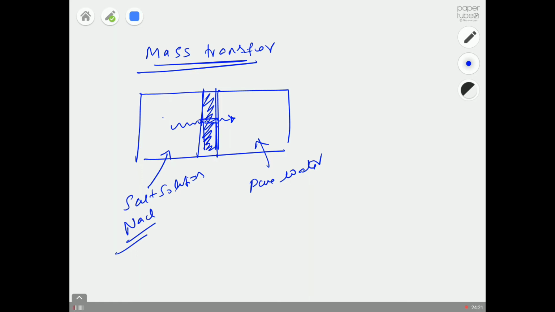Once you open this tiny valve, the salt will move from this compartment to that compartment. And why does that happen? That happens because there is a concentration gradient. You have a high concentration zone here and a pure liquid there. Imagine you have 20 grams of salt dissolved in 1 liter of water here, and here you have pure water.